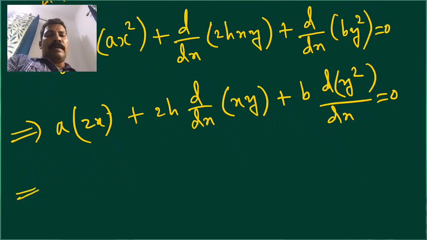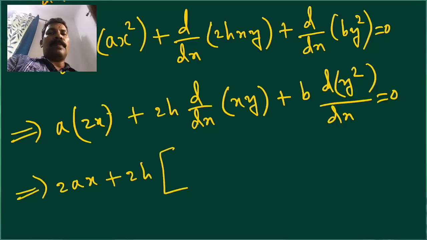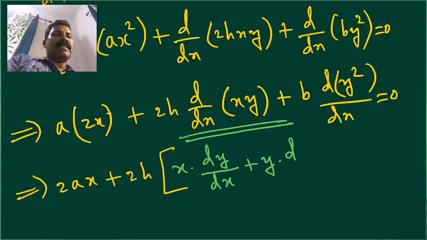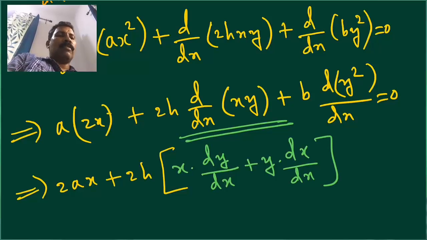Which implies 2ax plus 2h into, we have to apply the product rule here, that is first into the derivative of second with respect to x plus second into the derivative of first, that is x with respect to x, like this. That is what is called the product rule.